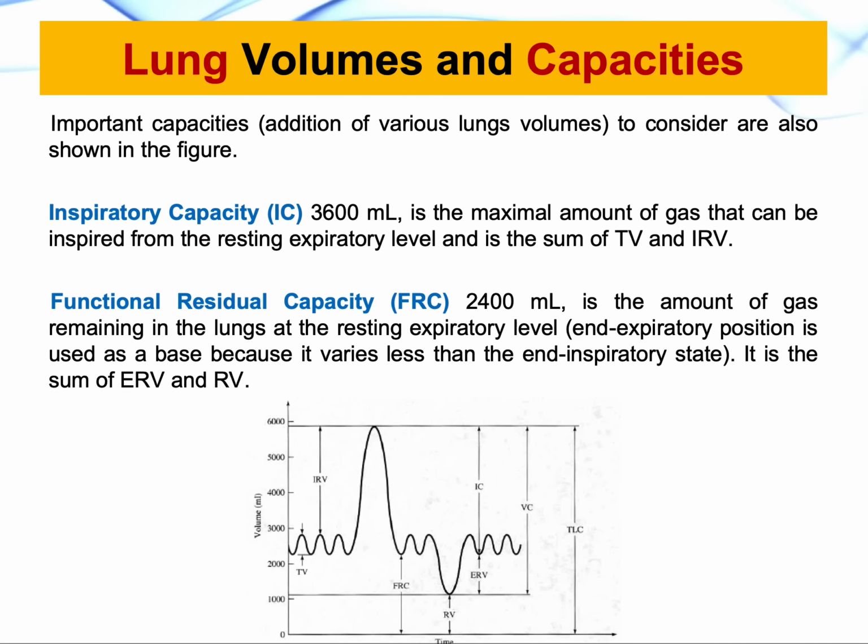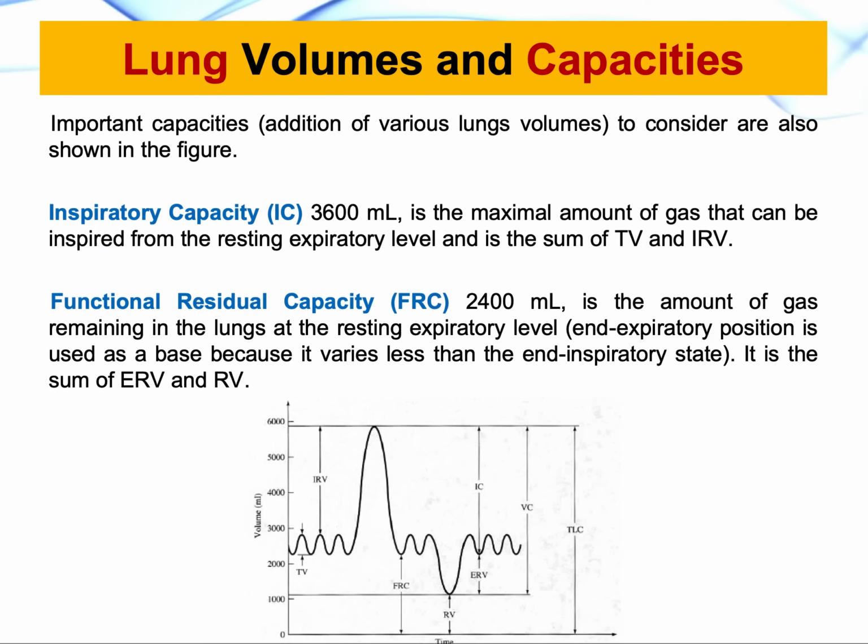Another capacity important for us is something called inspiratory capacity, IC here, and it is about 3,600 milliliters. It's the maximum amount of gas that can be inspired from the resting expiratory level. So this is your resting expiratory level, and this is the maximum amount of gas that can be inspired when reaching that point.